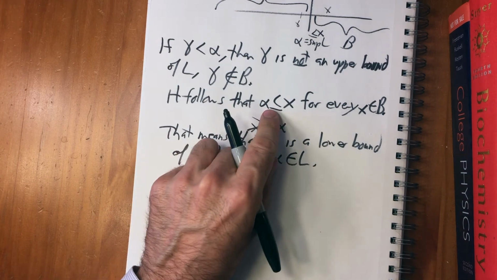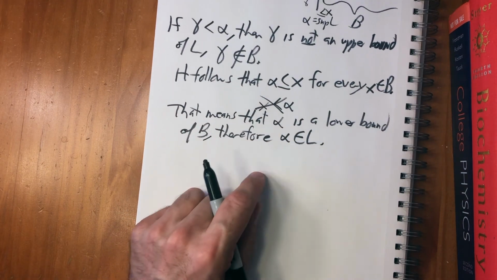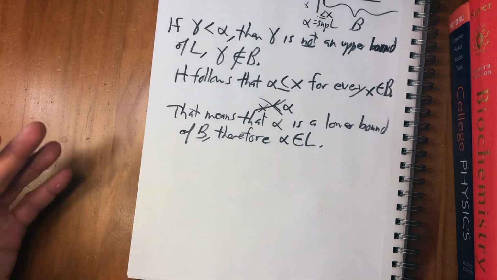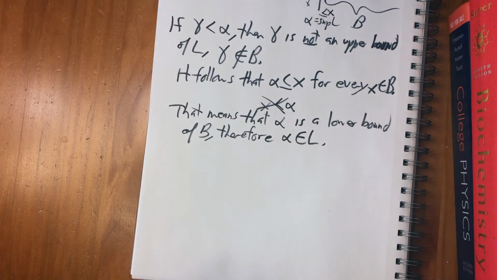We just established that alpha is smaller than everything in B. That means it's a lower bound of B. So that means it's in L, because L is the set of all lower bounds of B.